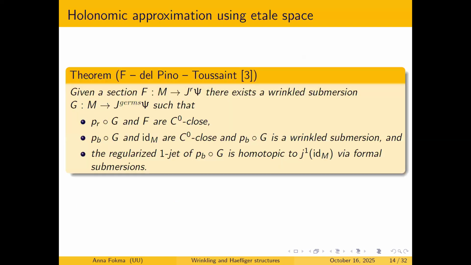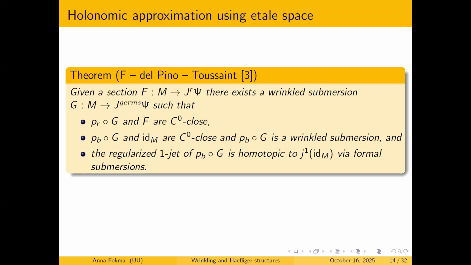And then with this germ space, we can generalize this theorem about wrinkled submersions. We are now given a section F of the jet bundle. And then we say that there exists a wrinkled submersion G to germ space, such that if we project it down to the rth order jet bundle, this is an approximation of F. However, in general, it will not be a section.